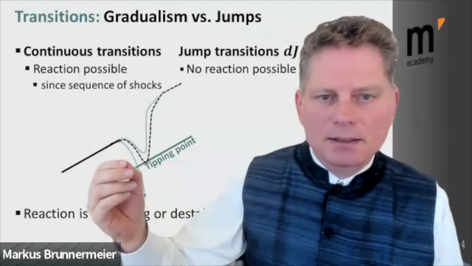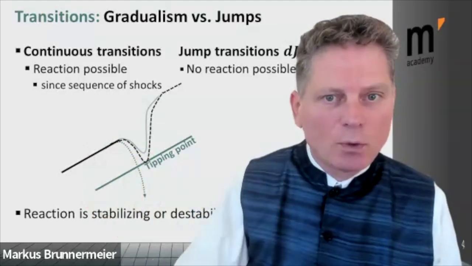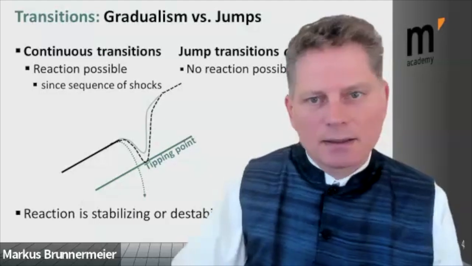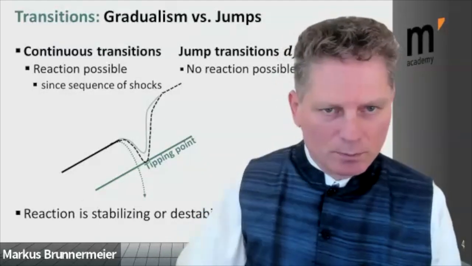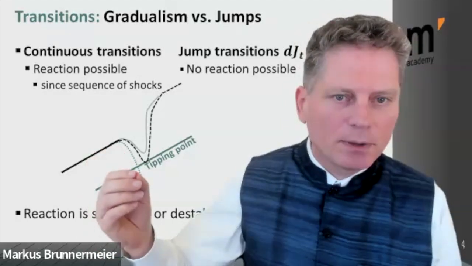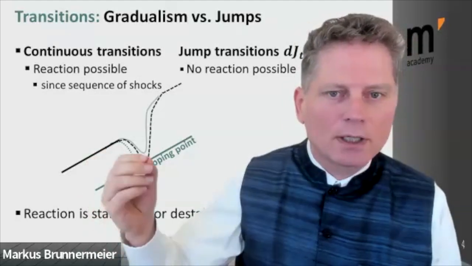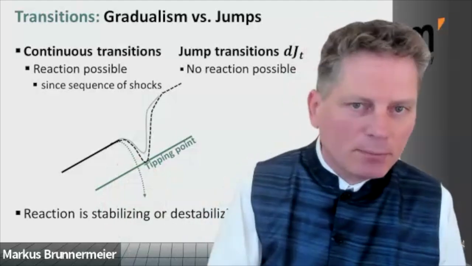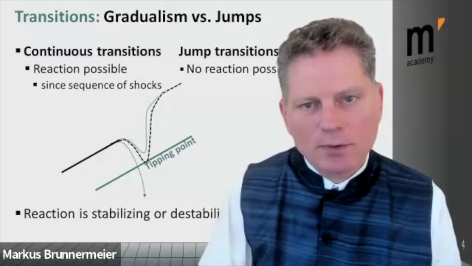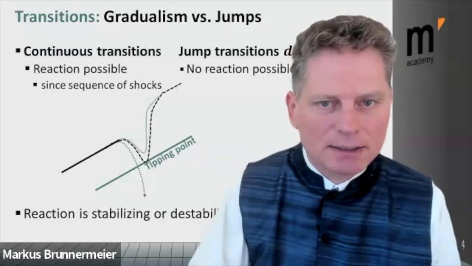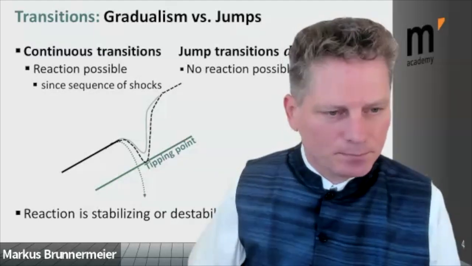On the other hand, if the reaction makes things worse because I react in negative ways, and it leads to amplification and feedback loops, then I might hit the tipping point much more quickly, and there's no way to come back. So whether you want a jump or gradualism depends very much on the behavioral reaction, whether it stabilizes things or makes things worse.